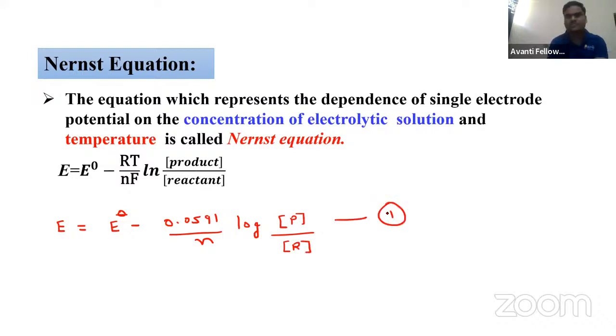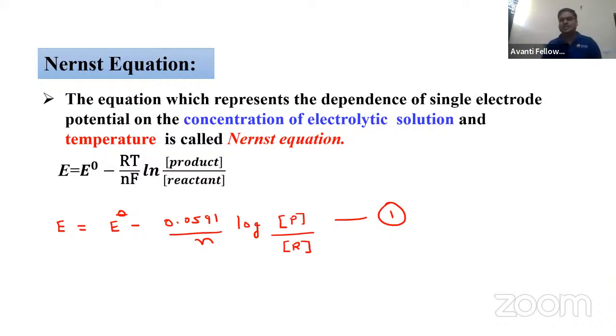So how will you obtain this formula? Basically, when we put the value of R, put the value of T, that is 298 Kelvin, and F, that is 96,500. And also we know when we have to convert ln into log, what we need to multiply? We need to multiply by 2.303. So when we multiply by 2.303, the natural log is converted into log base 10.